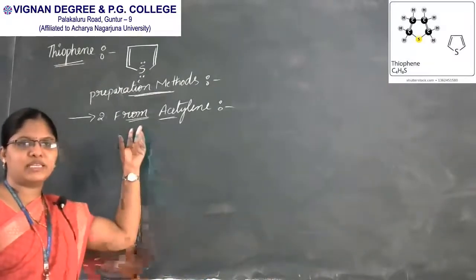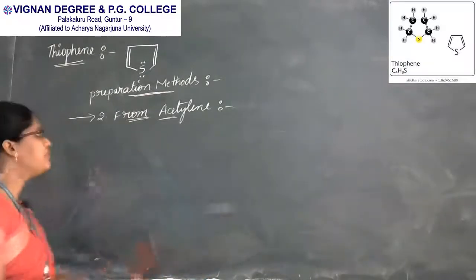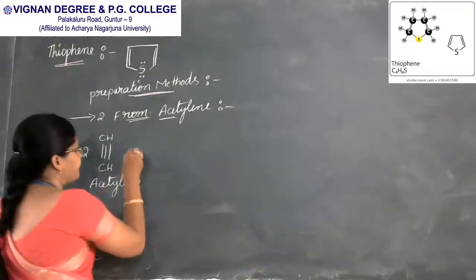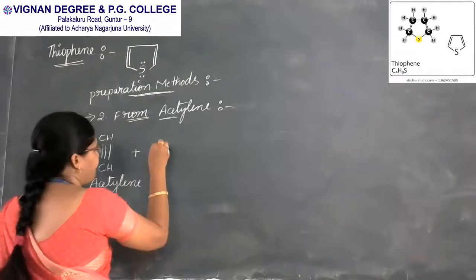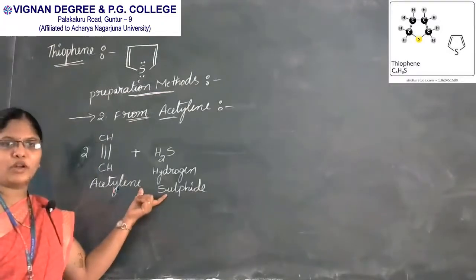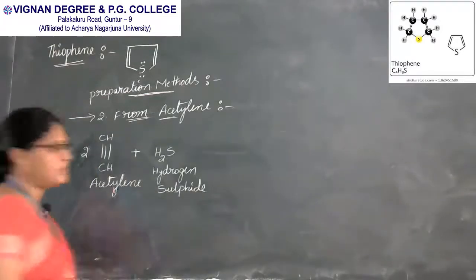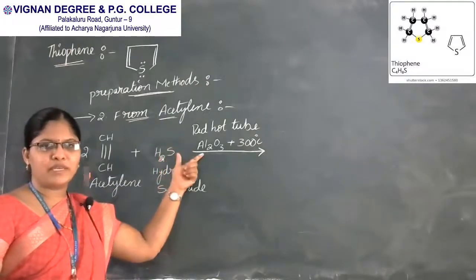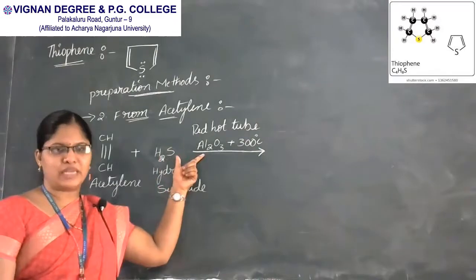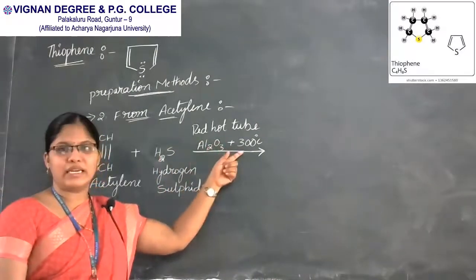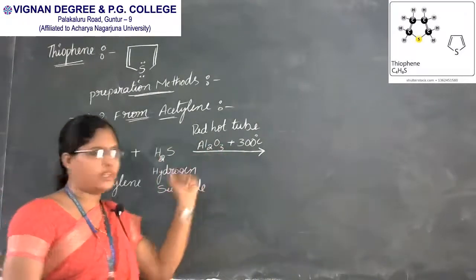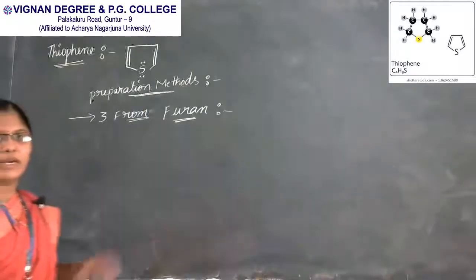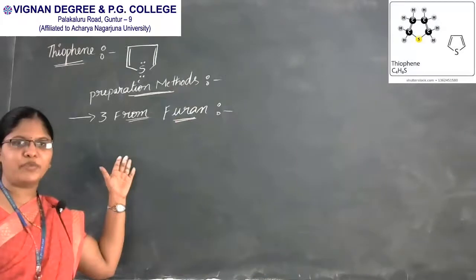The second preparation is from acetylene. Two molecules of acetylene and one molecule of hydrogen sulfide are passed through a red hot tube in the presence of aluminum trioxide at 300 degrees centigrade, and thiophene is formed. The third preparation is from furan.